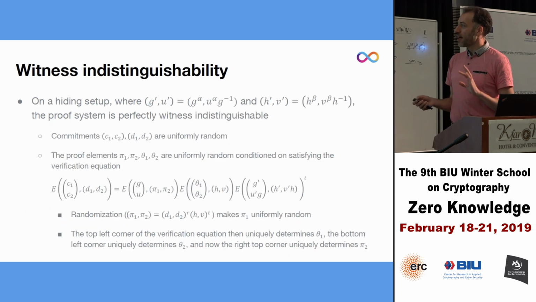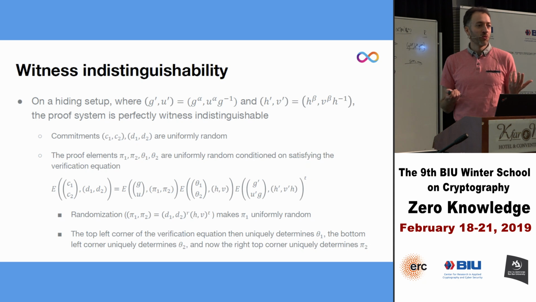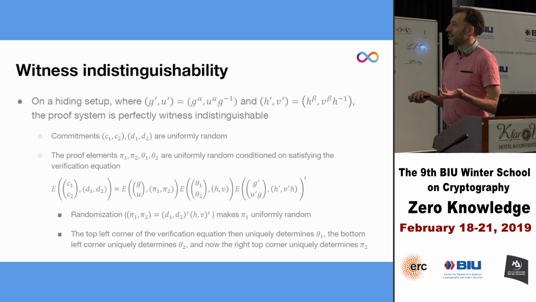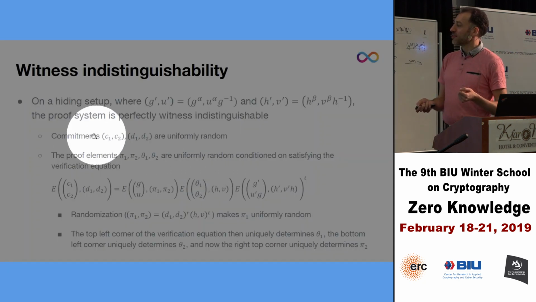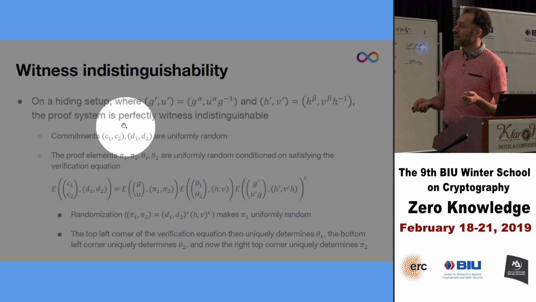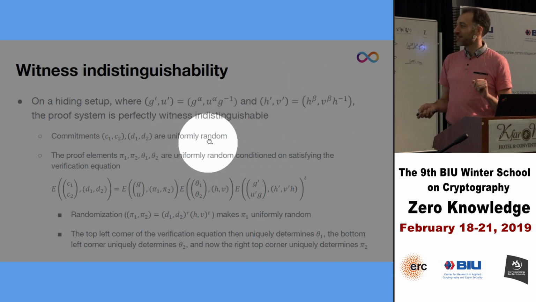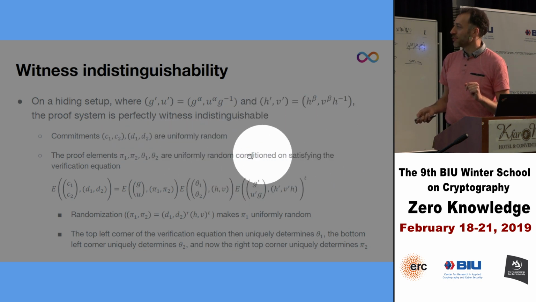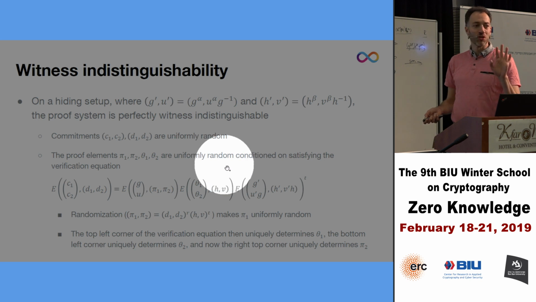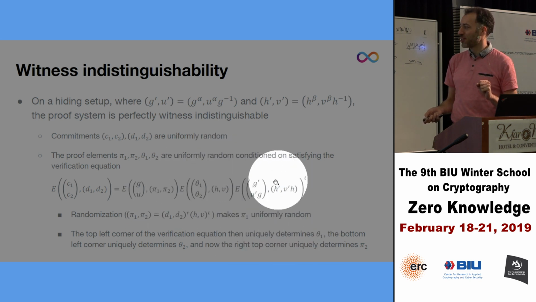Okay? And if we want to talk about witness indistinguishability, when we have a perfect hiding string, well, if you analyze, these things are just uniformly random powers of G U and H V, regardless of what X and Y are. And these proof elements, they are also uniformly random, conditioned on having to satisfy this verification equation.